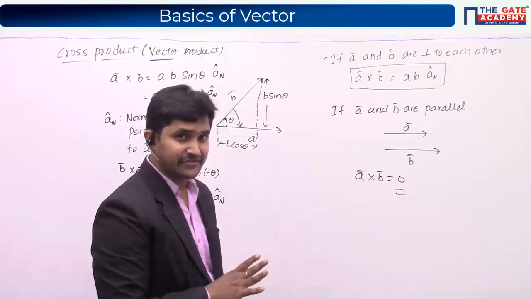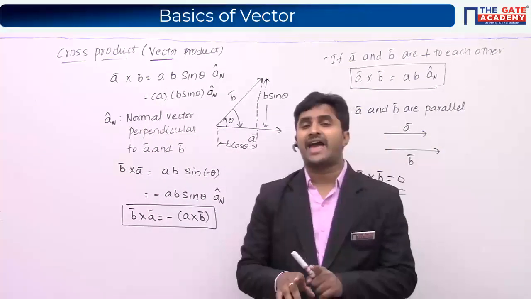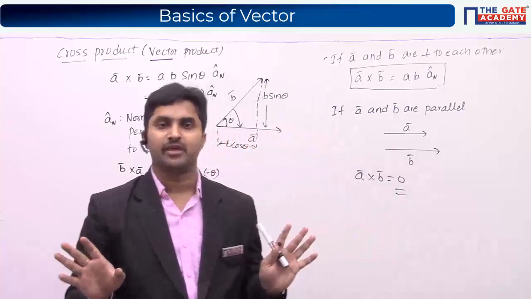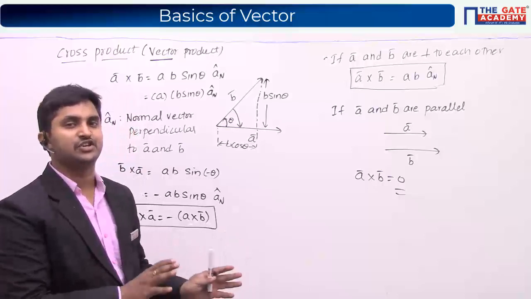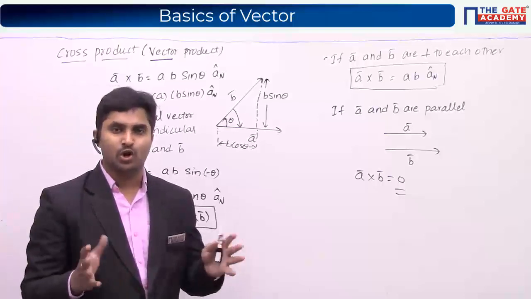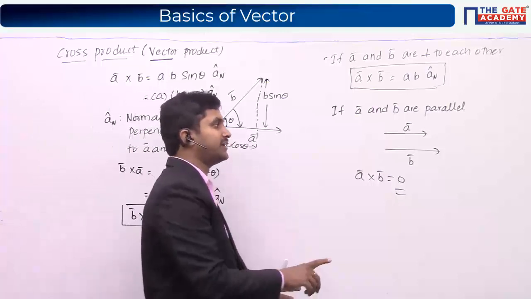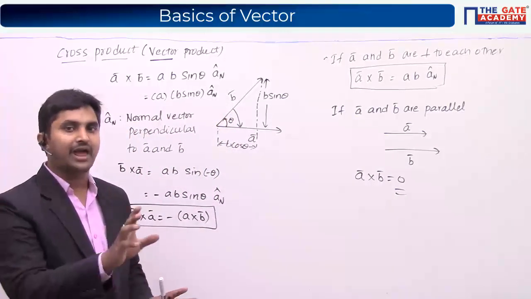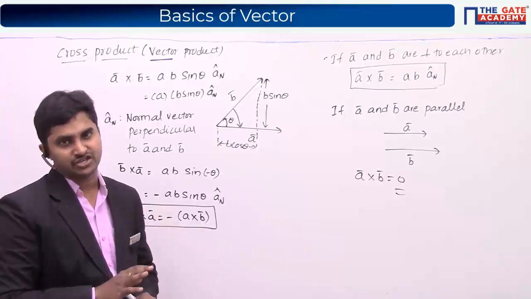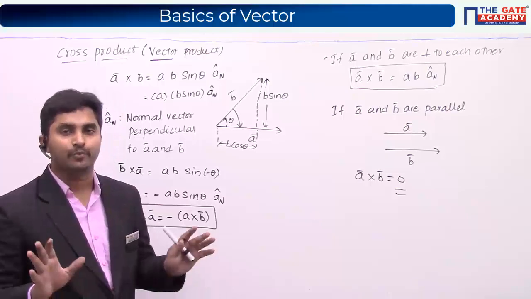This is such a vector result which will be non-zero if there is an angle between these two vectors. If the angle between these two vectors is 0, then there is no cross product. It means this deals only with those vectors which have a particular angle between each other. If it has an angle of 0, then the result will be 0.